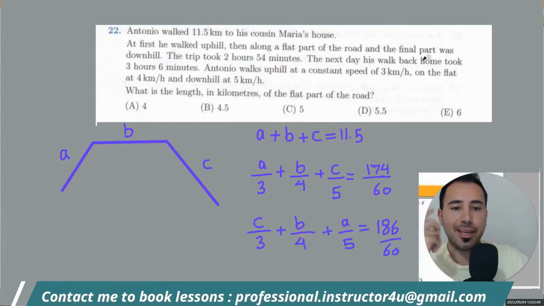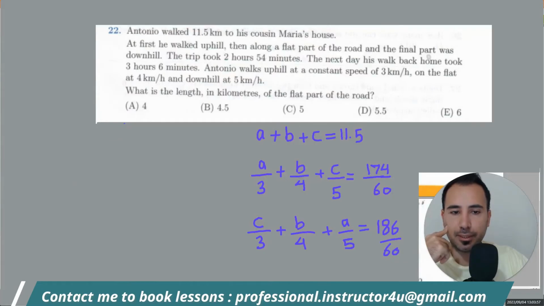So we have 3 equations and we need to solve this. We have 3 variables, 3 equations, possible to solve, but it's not going to be that quick. So both of these equations, I'm going to multiply them by 60. So it's going to be like this.